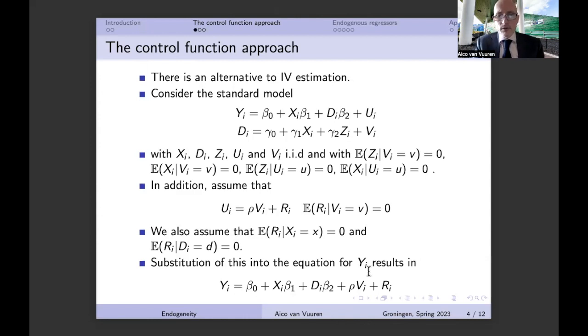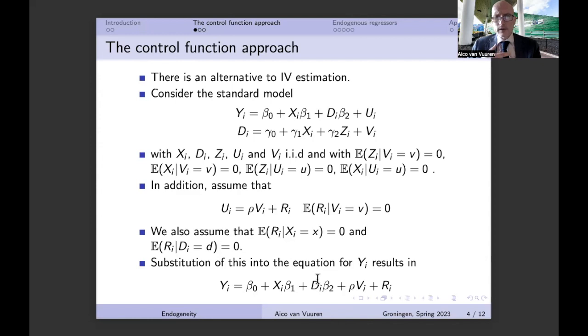At the moment that we look at this regression equation, we already get a suggestion with respect to a potential control variable. The potential control variable is this v that we have over here. We already know that if we not only control for the x in this regression, but also correct for v, then the remaining error term is going to become uncorrelated with the d that we have over here.